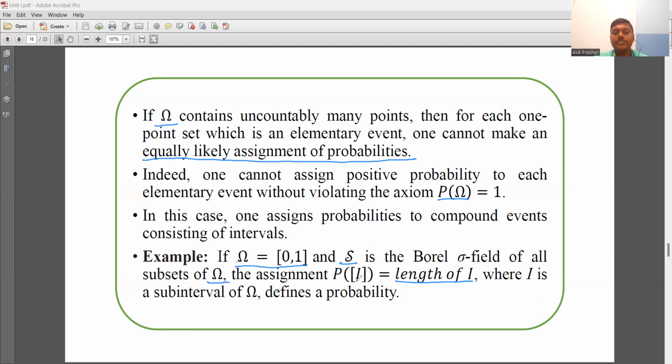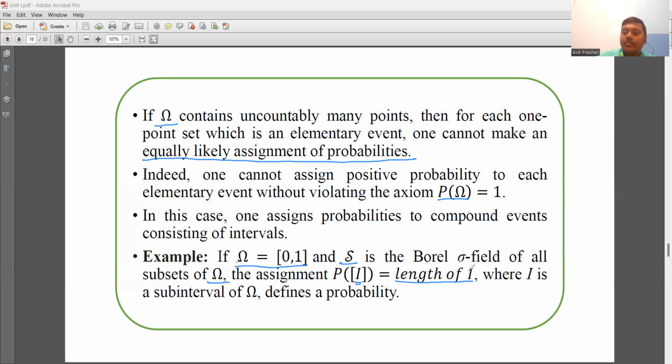I have considered this event as the set which is the interval I, then the probability of occurrence of that interval I will be equal to the length of I, which defines the probability.